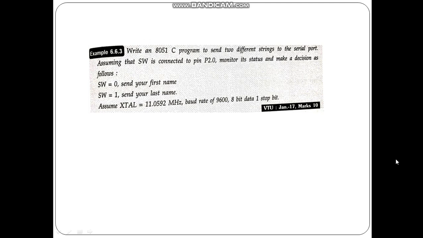If SW is 0, or if the value 0 is read, send your first name, or if SW is equal to 1, send your last name. Assume crystal frequency as 11.0592 megahertz, baud rate of 9600, 8-bit data and 1 stop bit.